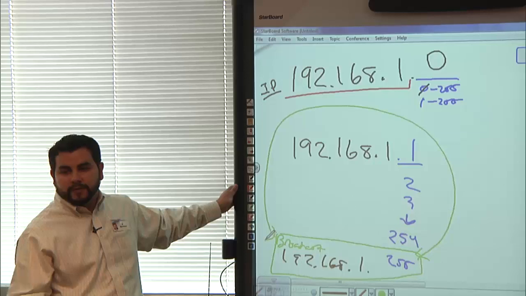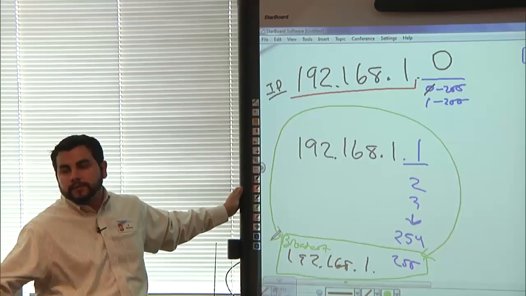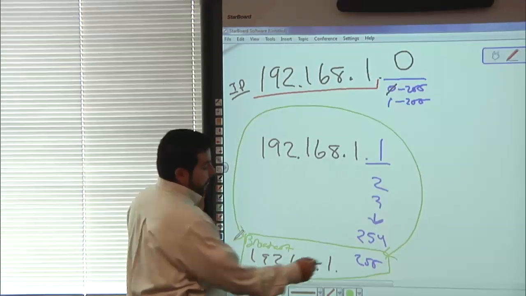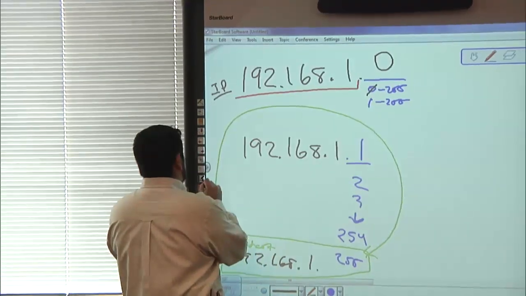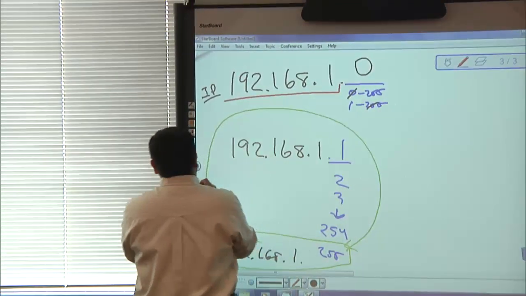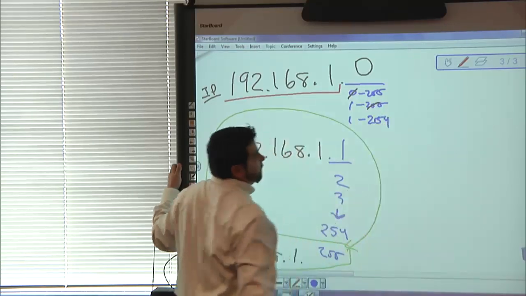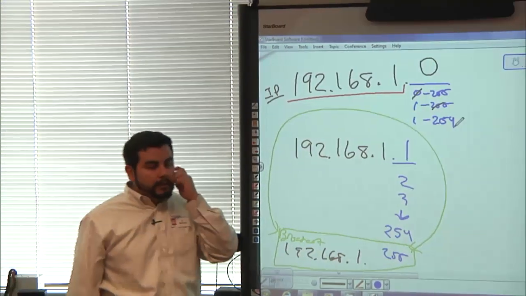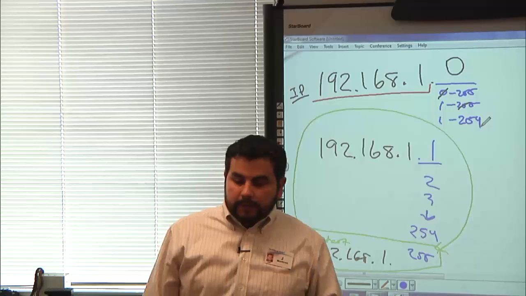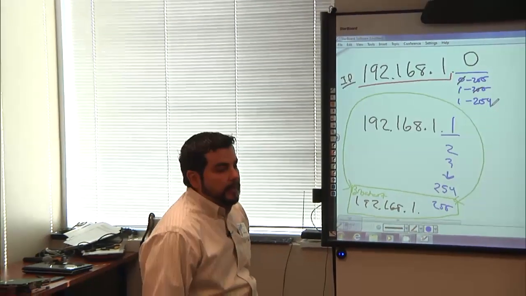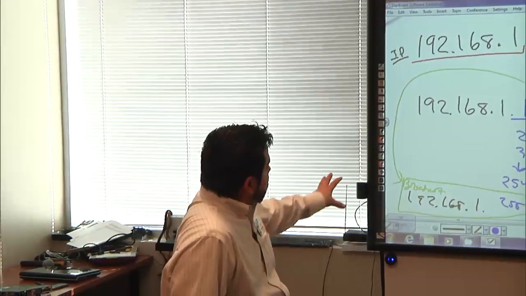Whenever a computer gets lost, it goes to the broadcast. So we can't use 255, and our range got smaller again. Our range now became 1 to 254, right? Now, Stephanie, how did we get 254 hosts?